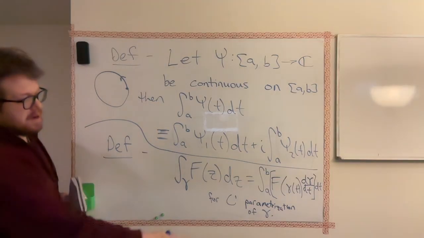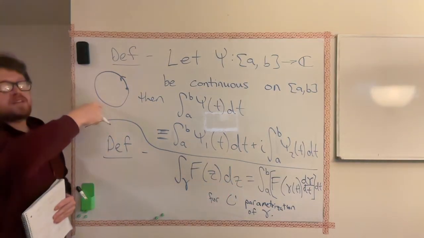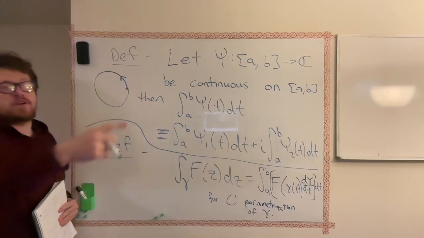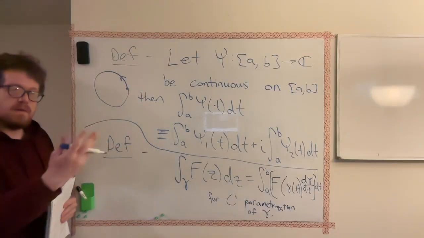So that would be our gamma, and then I can integrate a complex function around this curve, just like how I would integrate a real function along some curve, except now we have more structure.